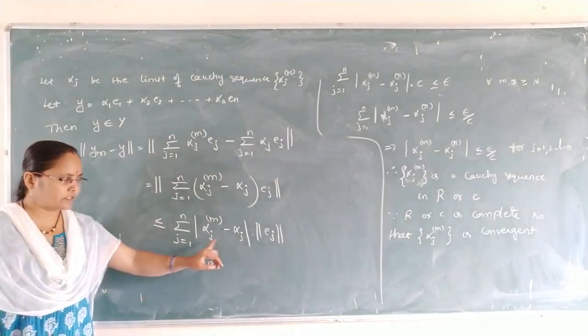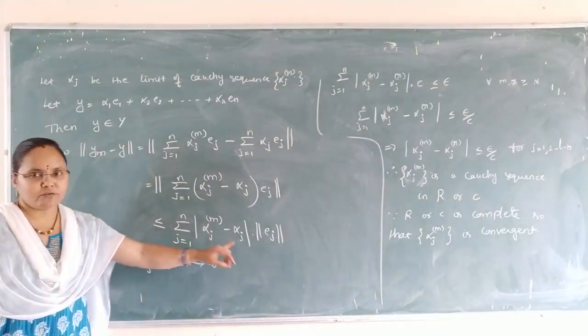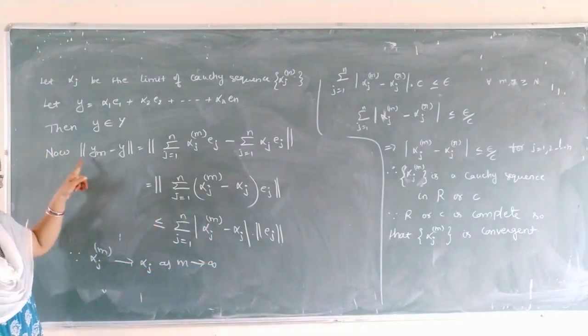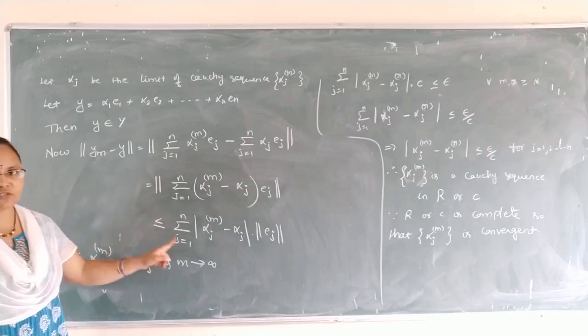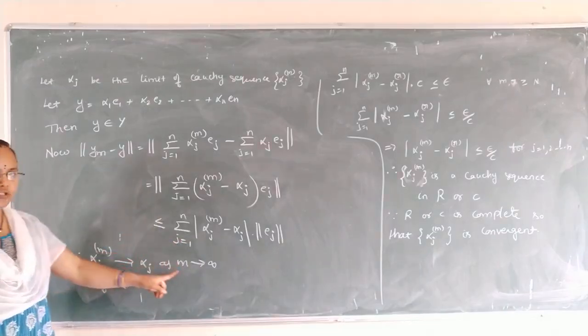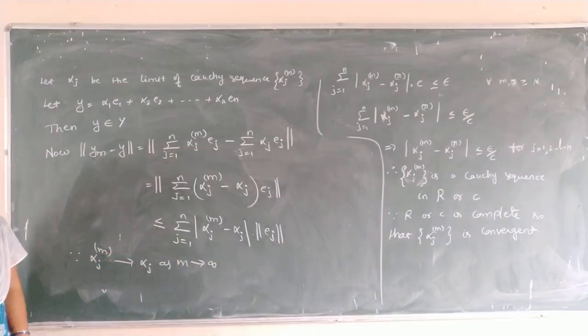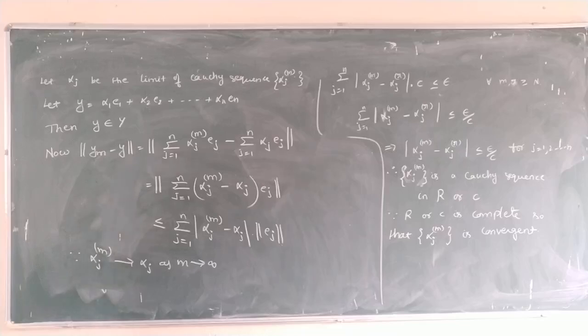Alpha j minus alpha j goes to 0. So the above line becomes norm ym minus y tends to 0 as m tends to infinity. Meaning ym tends to y as m tends to infinity. Therefore ym converges. In the starting lines we took ym as a Cauchy sequence, and every Cauchy sequence is convergent. Meaning the space Y is complete.